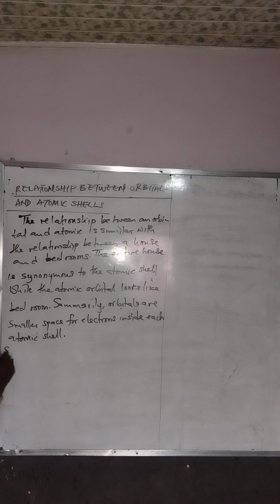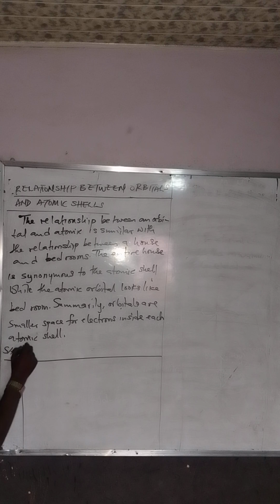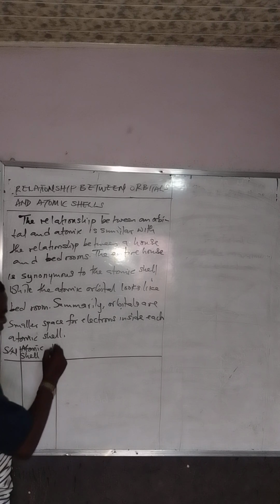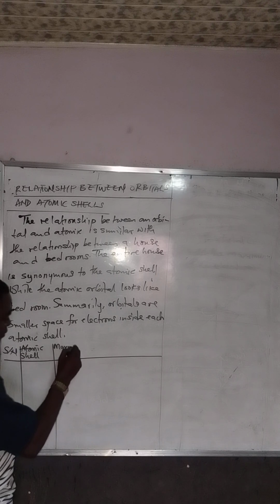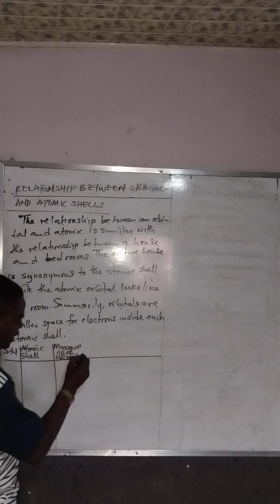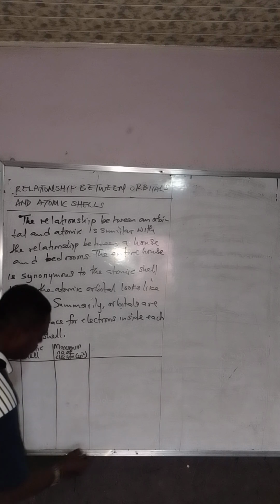Let's look at what we are saying, serial number. Let's start with atomic shell. Then let's talk about the maximum number of electrons, 2n squared, that we did in the previous video.